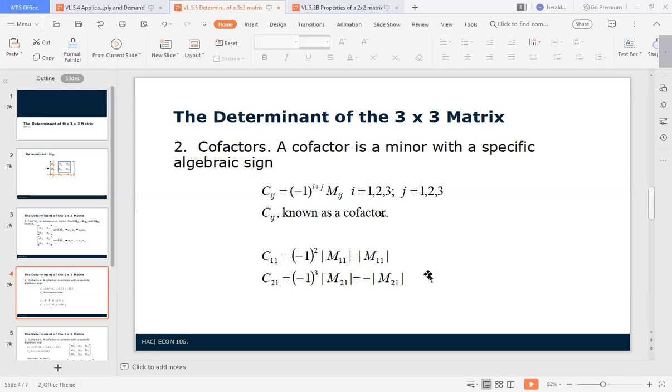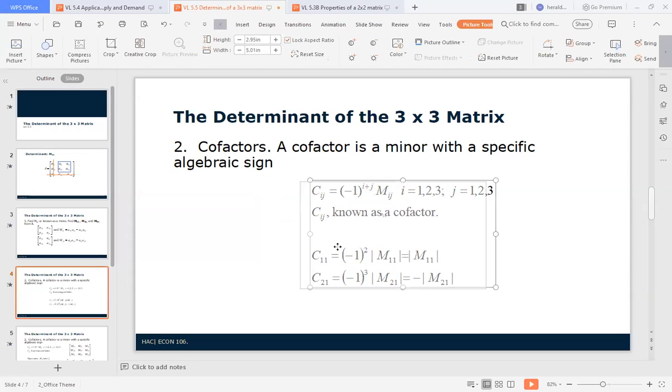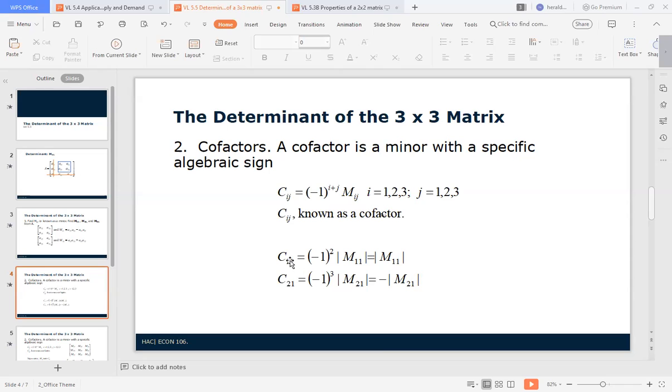Now, there's also another way, class, without memorizing this. All you need to do is pay attention to the subscript. Again, the assumption is we are working with positive minors. So kung C11, that is 1 plus 1, that's even.